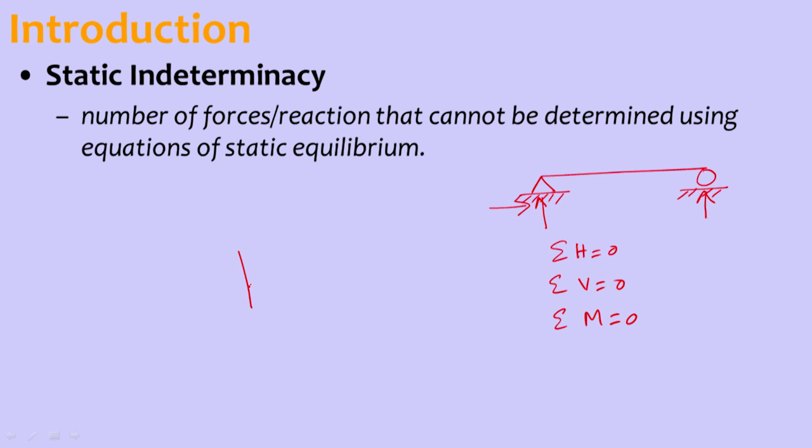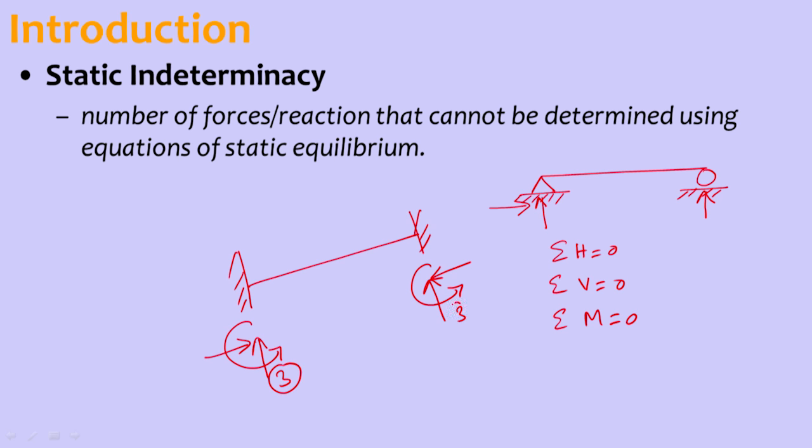Whereas if we take a fixed beam, we have a vertical reaction, a horizontal reaction and a moment. Again a vertical reaction here, a horizontal reaction here and a moment. So here three unknowns are there at one end and three unknowns at the other end.